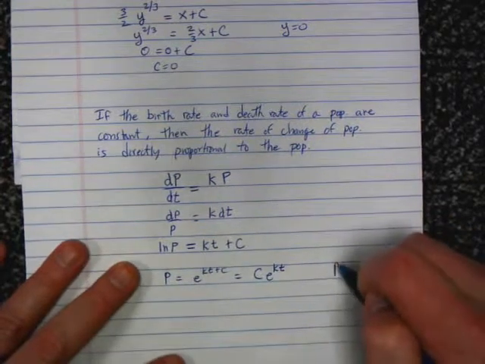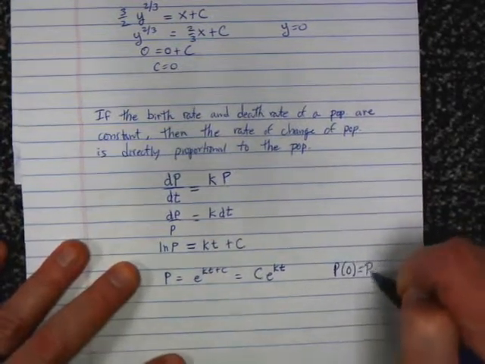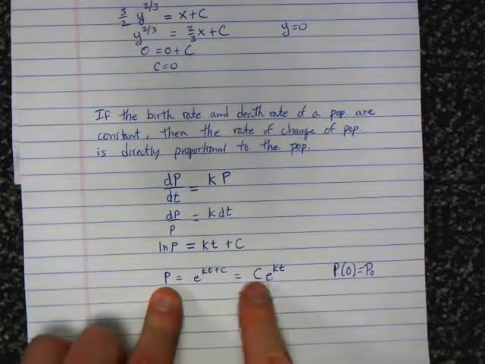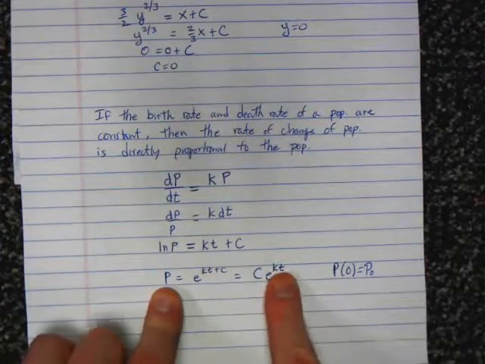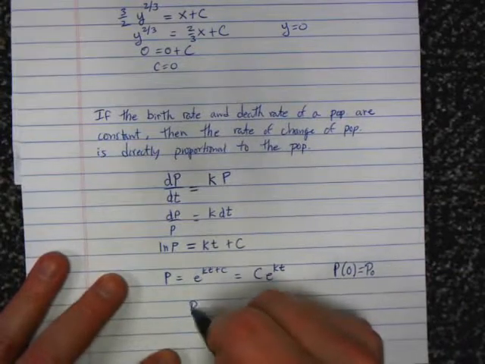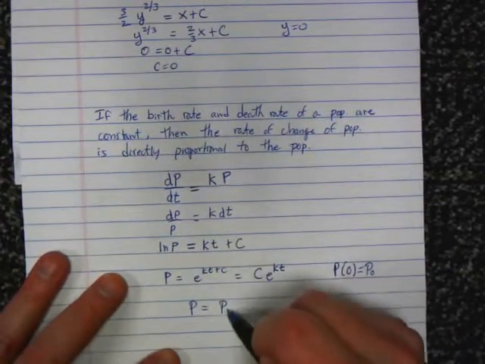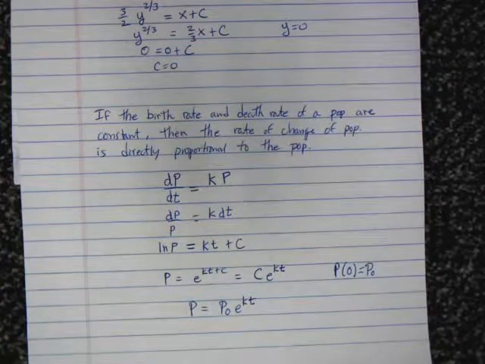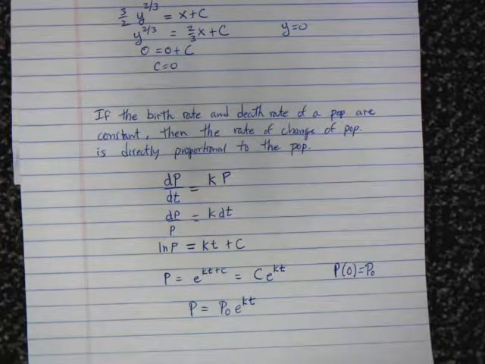Because if P at 0 is P0, when I plug 0 in, I would have P0 equals C e to the 0, but e to the 0 is 1. So this is quite often written as P equals P0 e to the kt. So that's the population formula that you probably saw somewhere back in an algebra class or a pre-calc class. That's where it came from. It really came from differential equations.